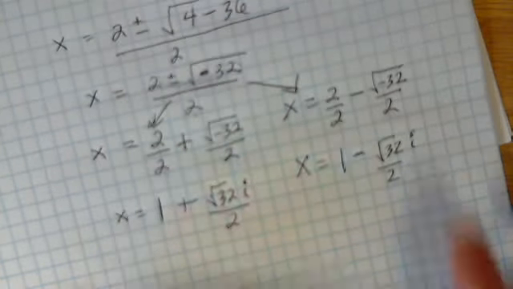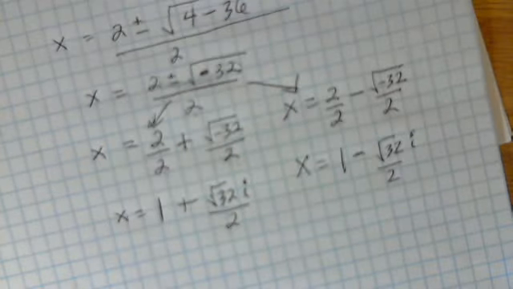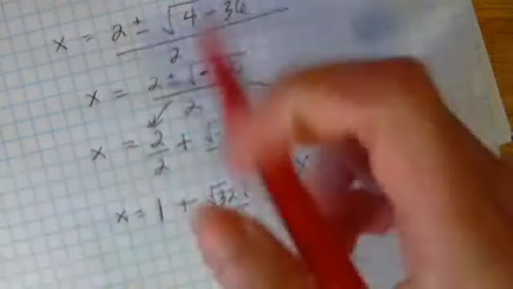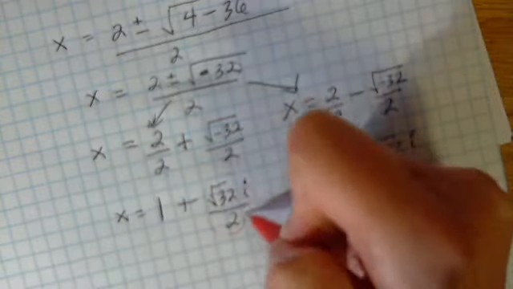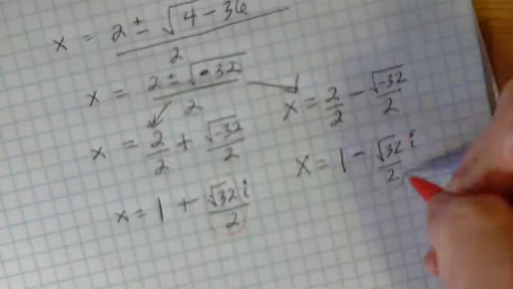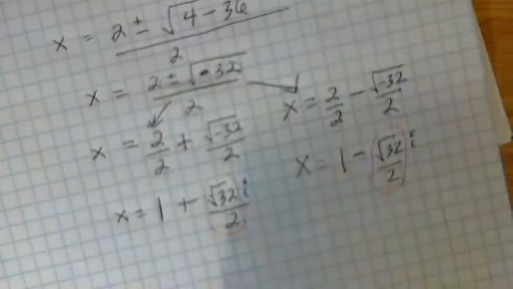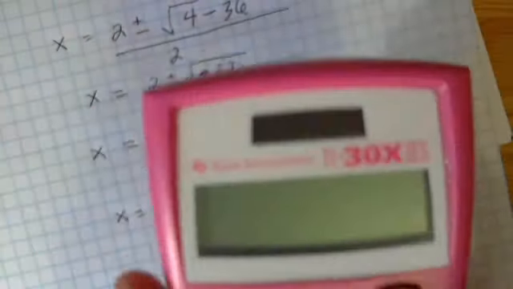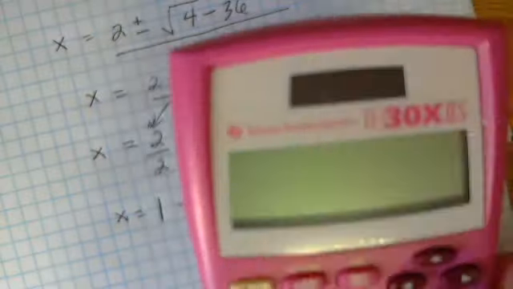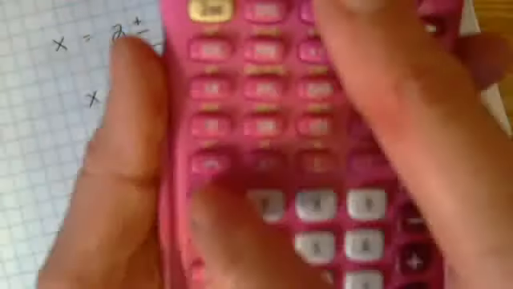Alright, the final thing I need to do is calculate this piece right here. What is the square root of 32 over 2? It's going to be a decimal that we will round, and then we can finish up our answer. So square root sign, put in the 32, turn on the calculator, that always helps.